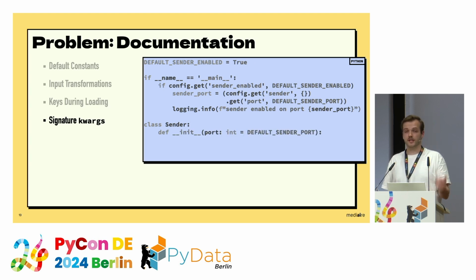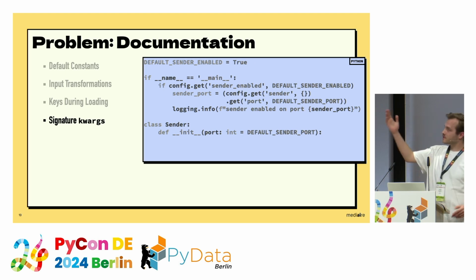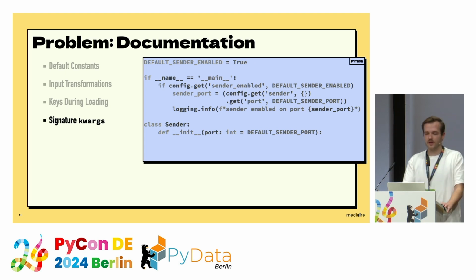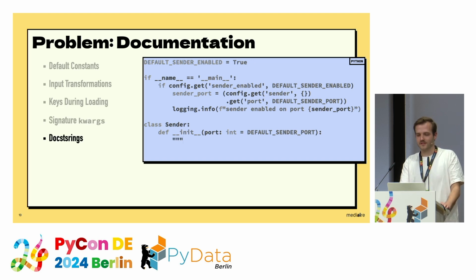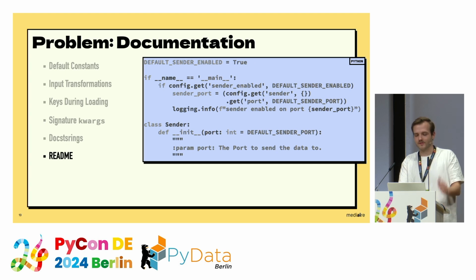So if you want to change a key name in your format, you have to change it in all of these little places or use yet another constant. Maybe you even want to supply default values as keyword arguments, so there are more places that you need to take care of. You probably want to mention the configuration variables in your docstrings and maybe even supply the default value there if you're not using type annotations.